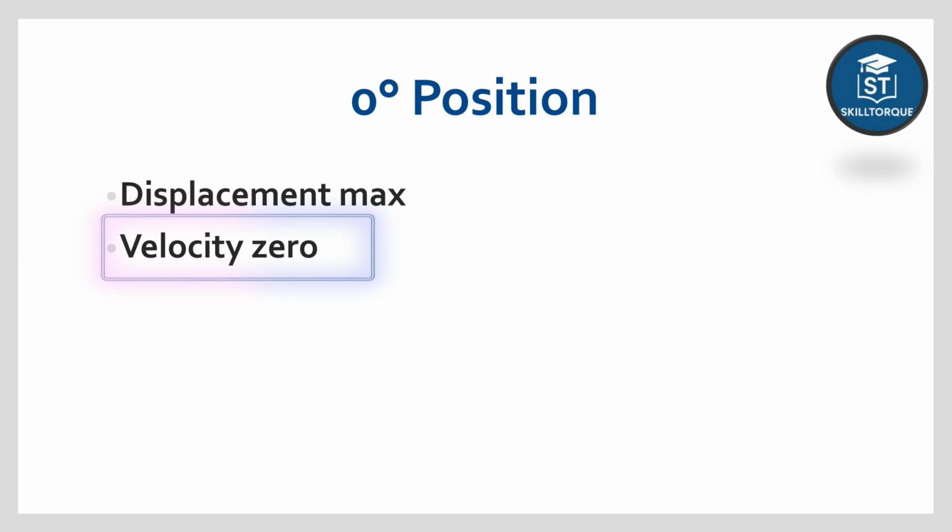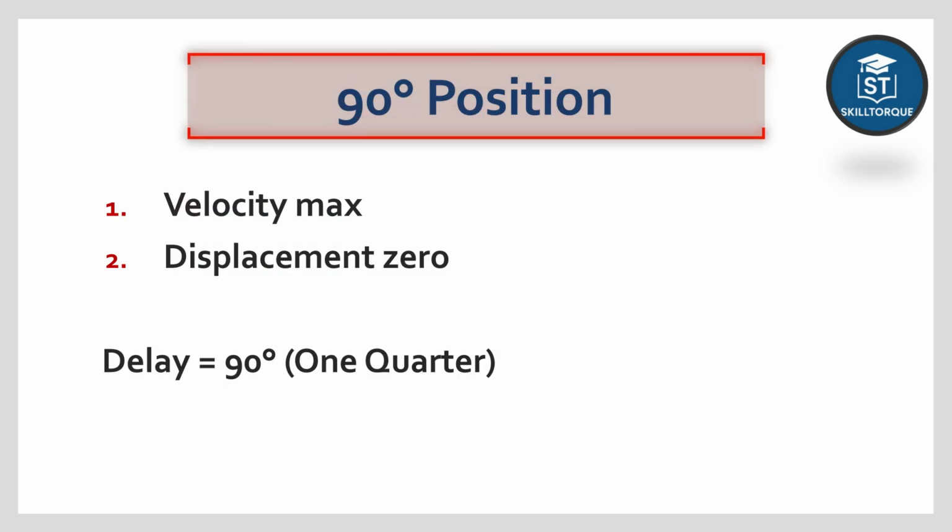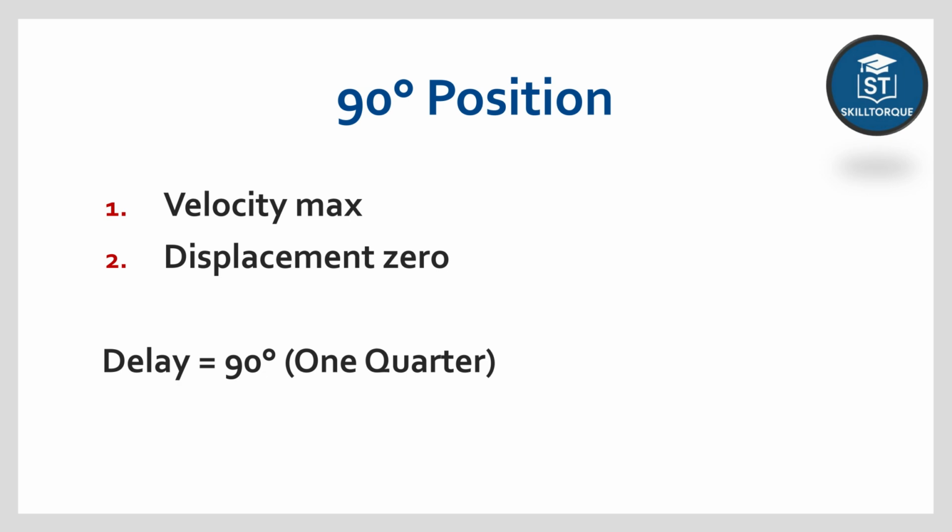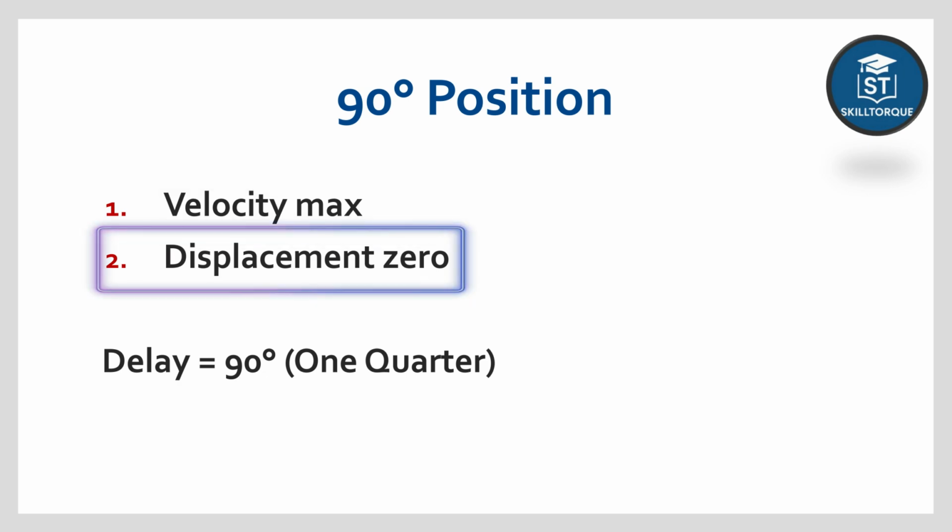Now let's say the shaft crosses the center. Because now the shaft is almost near the center, this is where it will have the fastest speed, right? So at 90 degree, velocity will be maximum and displacement will be 0, because we are near the center. Notice this very carefully: maximum speed happens after the maximum displacement, right?